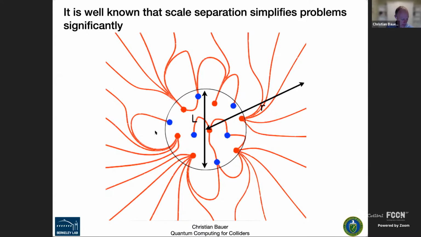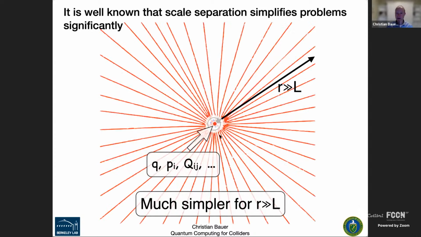Back when I started in Berkeley, Dave Jackson was still alive, and he probably could have solved this problem for me. But this is a difficult problem to solve. However, you all know that if I look very far away from this charge distribution, then the problem becomes a lot simpler. It starts to look like just radial field lines, because I can't resolve the details of this charge distribution.